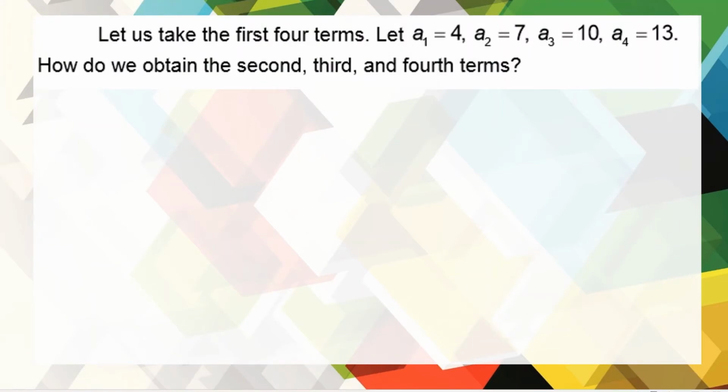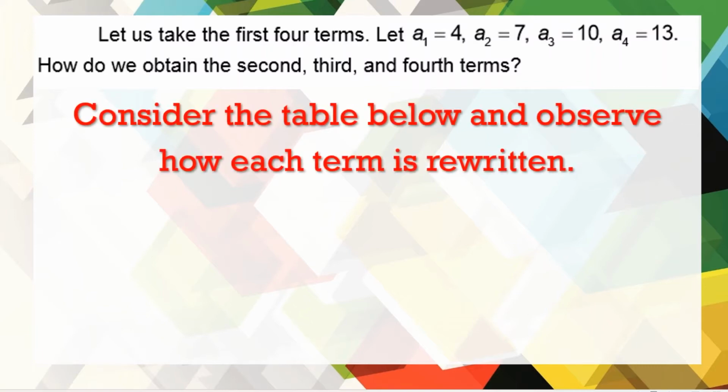Let a sub 1 equal 4, a sub 2 equal 7, a sub 3 equal 10, a sub 4 equal 13. How do we obtain the second, third, and fourth terms? Consider the table below and observe how each term is rewritten.